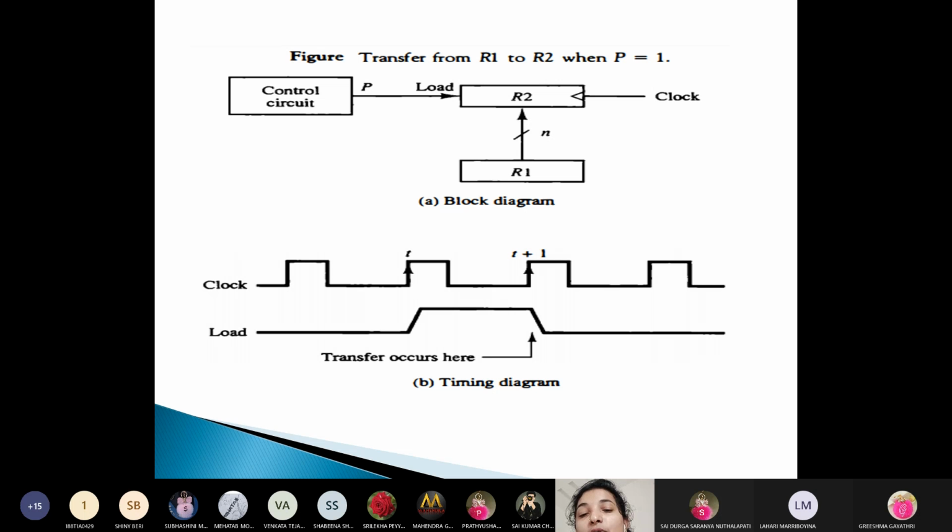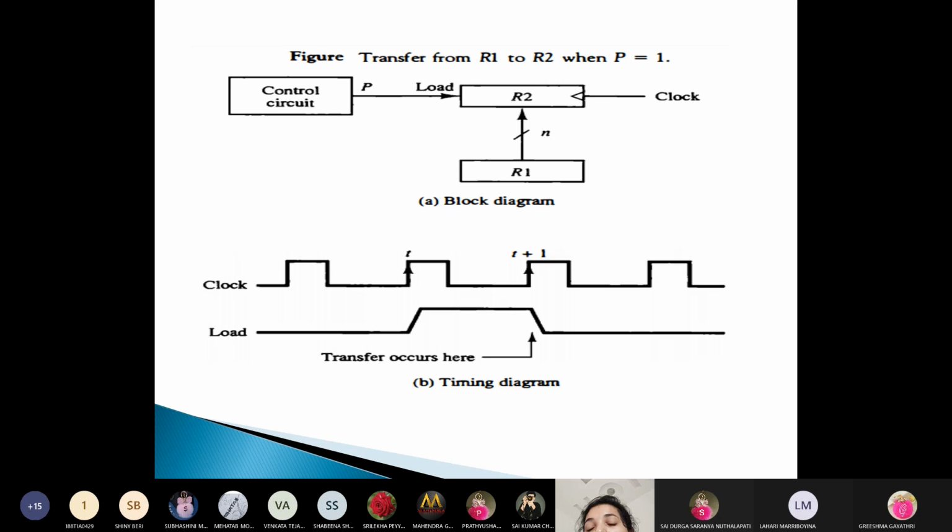So if the condition P is equal to 1, the clock pulses rise and fall, and the next positive transition is at clock time T plus 1. It finds the load input active, and the data inputs of R2 are loaded into the registers.